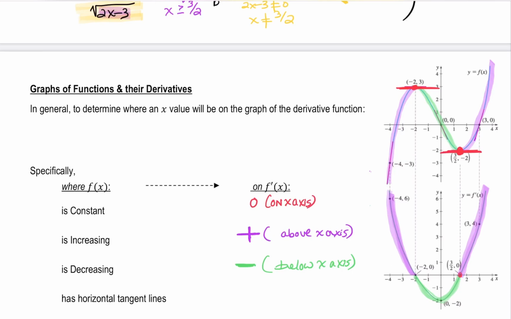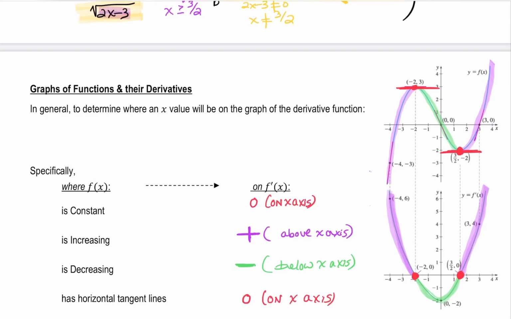So that means those particular points go to 0 on the derivative. So horizontal tangent lines are going to go to 0. In other words, they are going to be right on the x-axis, or they'll be like x-intercepts.